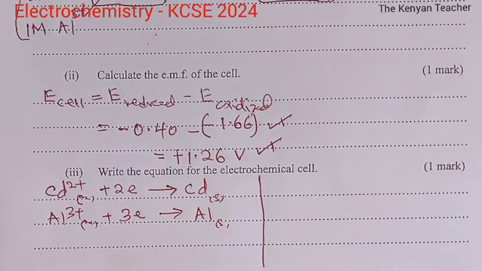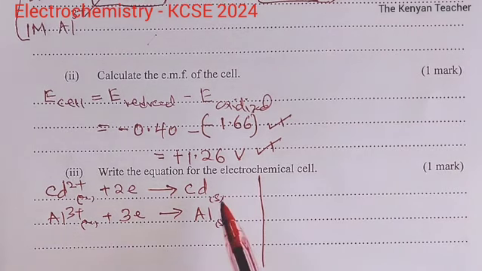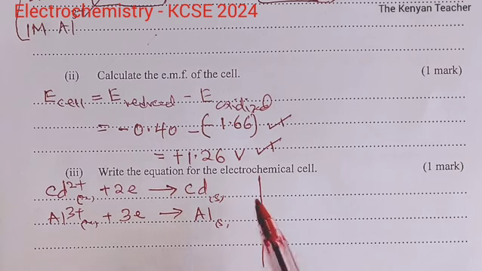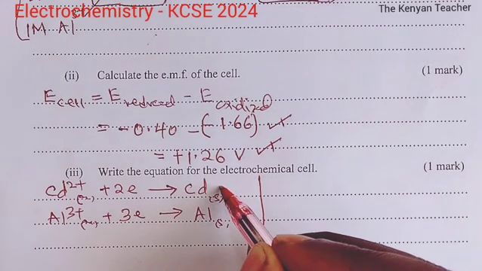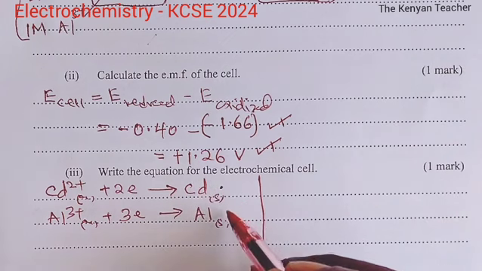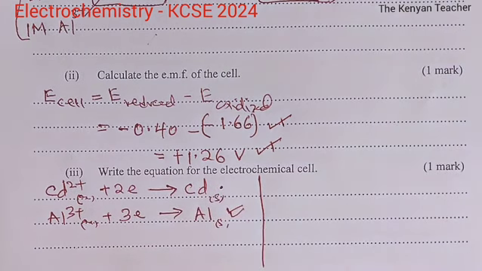Once you have considered your half cells in question, we advised that a candidate should go ahead and identify the one that will be oxidized. And we had agreed cadmium will be reduced because it has a more positive E0 value. So the oxidized species is now aluminium.